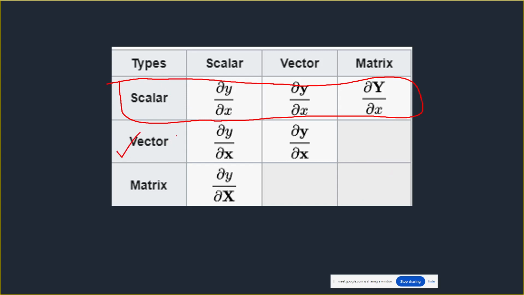We can do vector with respect to scalar, and vector with respect to vector, and finally matrix with respect to scalar. Today we are going to do the scalar one, and that will be our derivative part.